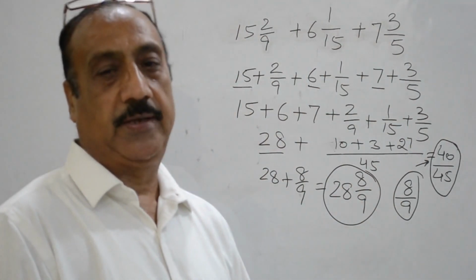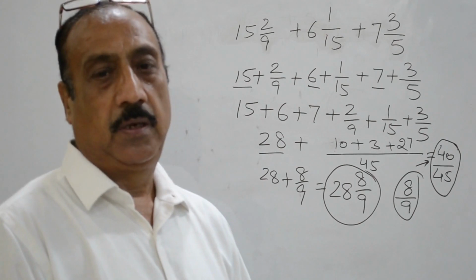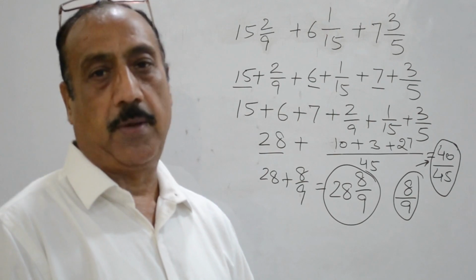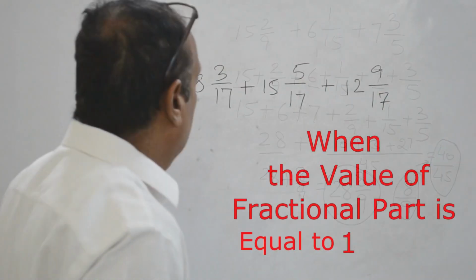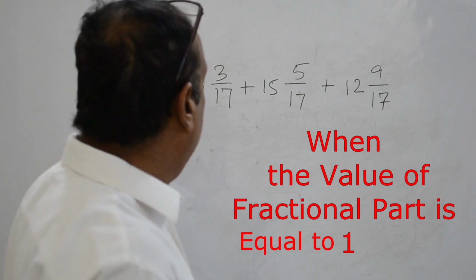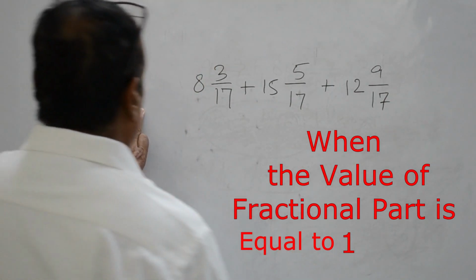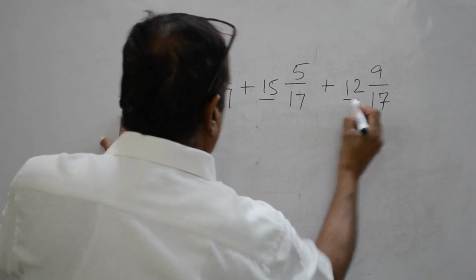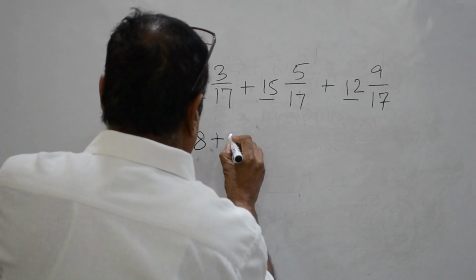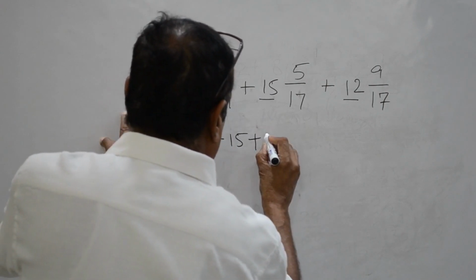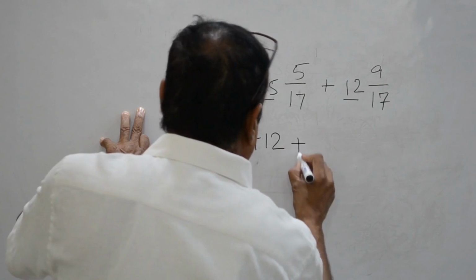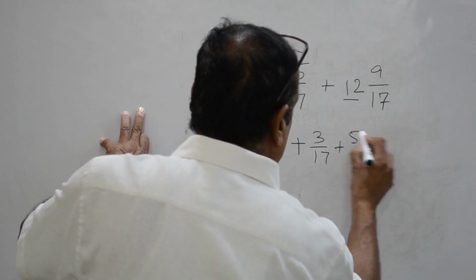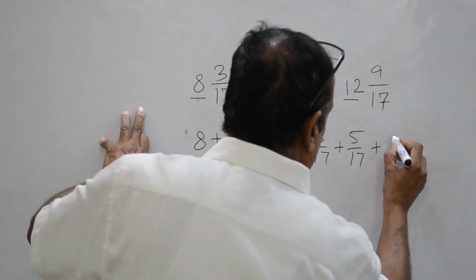Now after this we are going to take up some typical problems related to mixed numbers. Now let us solve this problem. Here the whole numbers are 8, 15 and 12. Add 8, 15 and 12 separately and then add the fractional parts, 3 upon 17 plus 5 upon 17 plus 9 upon 17.